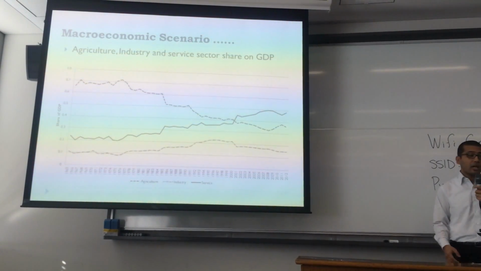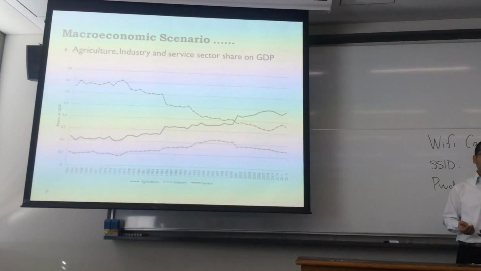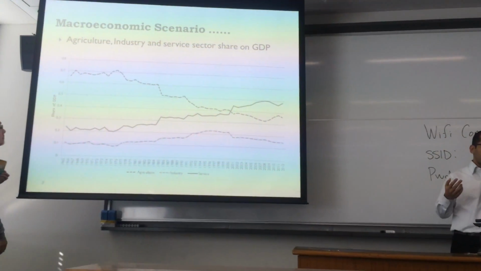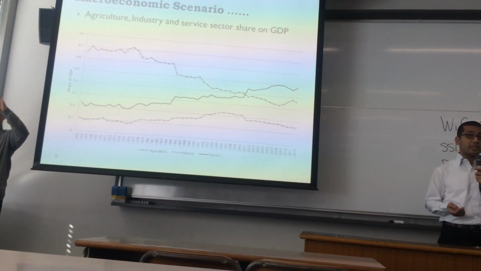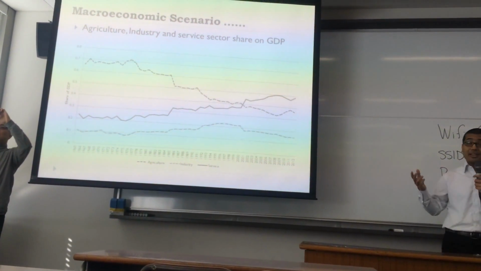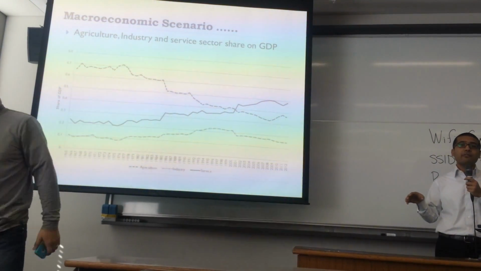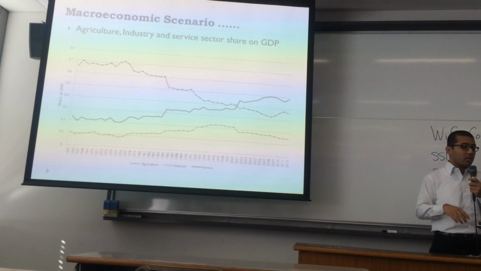And broadly dividing our economy into 3 main sectors: agriculture sector, industry sector, and service sector. The agriculture sector is declining from the very beginning. We have a declining share of agriculture in GDP.